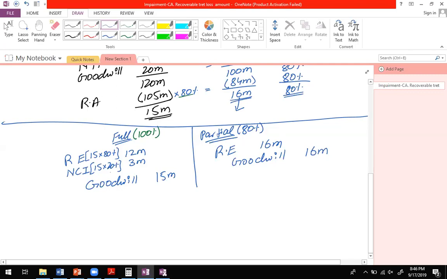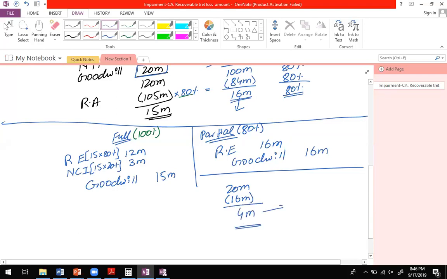Okay, so if we go back to the question, Dulu is saying what goodwill amount is included in the partial goodwill method. Dulu, if we are talking about the partial, the goodwill was actually 20 million. So out of the total of 20 million, 16 million of the goodwill has been impaired.